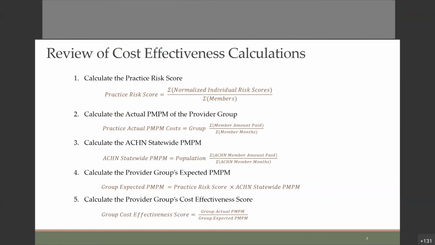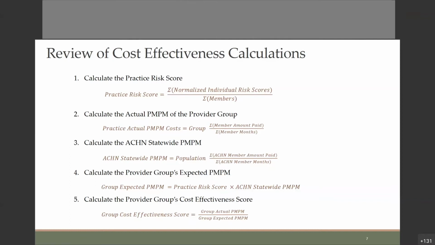And then our second step is to calculate the actual per member per month of the provider group. This is done by summing the total amount paid for each individual, and then dividing it by the total member months for each individual in your attributed group.